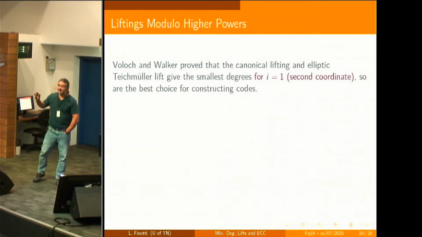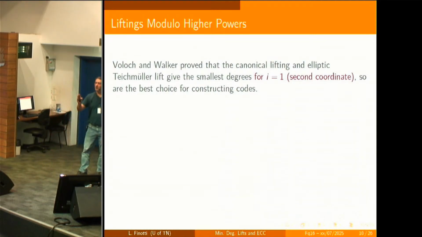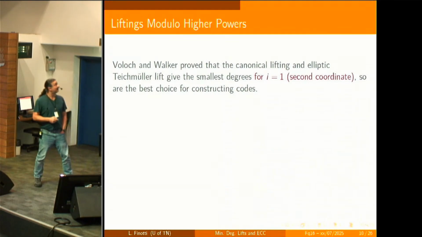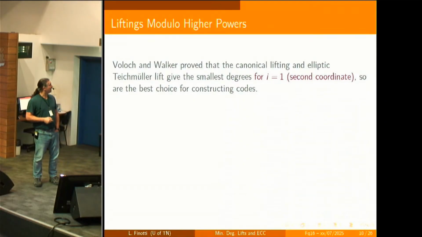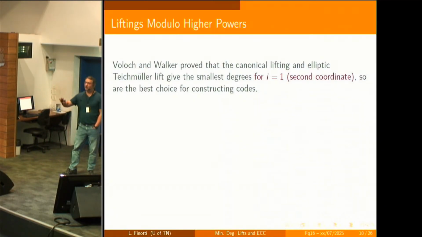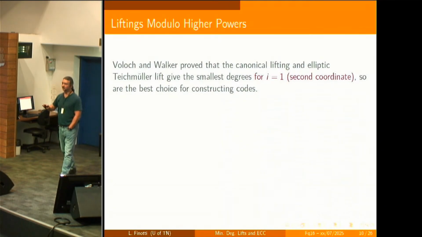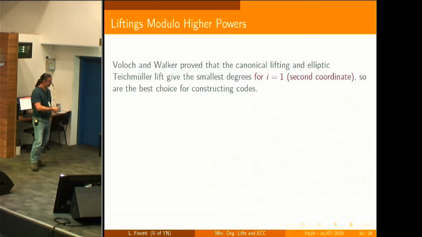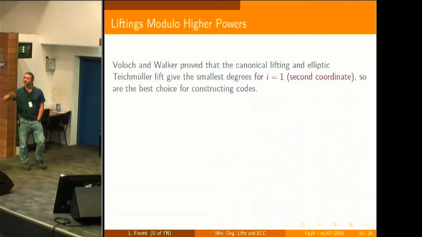Now, the thing is, for i equal to 1, so you're looking only at two coordinates, what happens is that the degrees for these two polynomials, f1 and g1, are as small as possible when you're talking about the canonical lifting. So imagine that you start here downstairs with an elliptic curve.